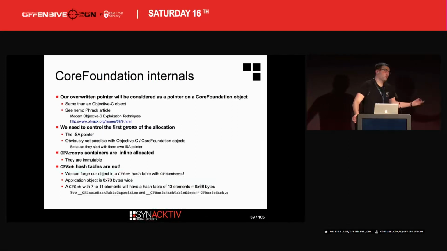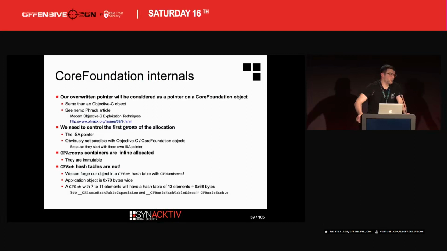And obviously, you cannot do that by allocating an Objective-C object, because Objective-C objects already have this pointer set to specify their types. So you need to find a way to allocate controlled data where you control the very first DWORD of the allocation. The first thing you think about is just to use an array.